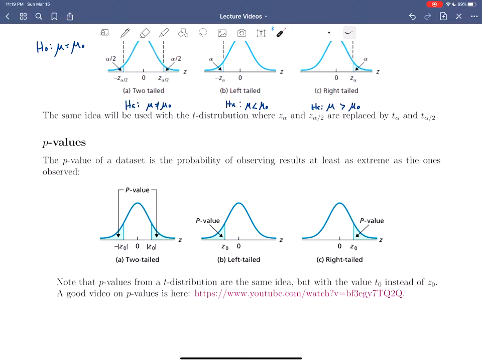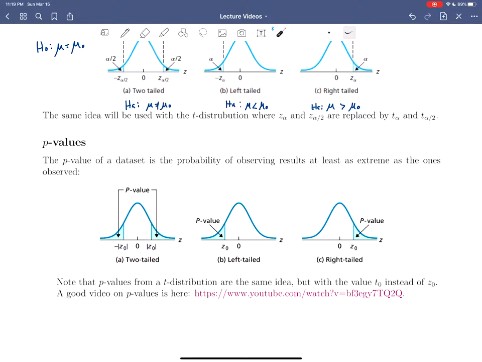If you know the underlying population standard deviation, then this is going to be a z-test, and you compute this test statistic z naught.